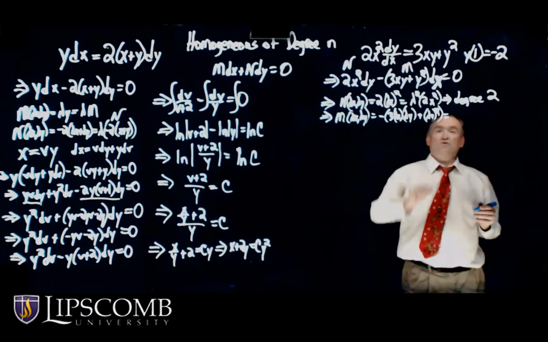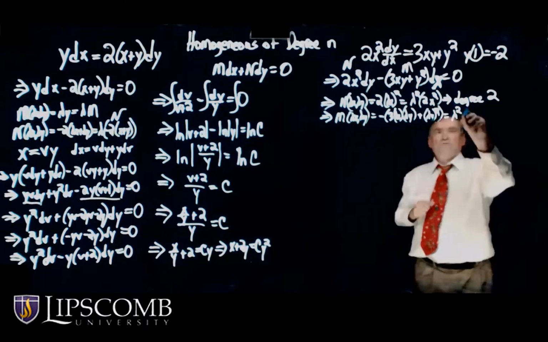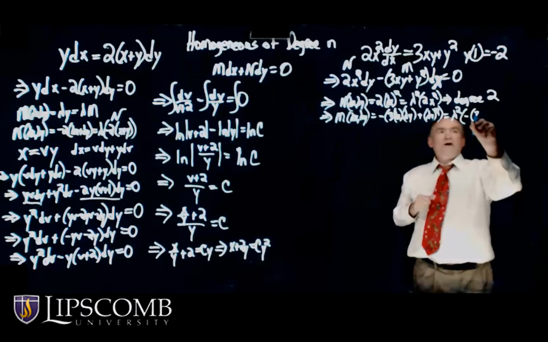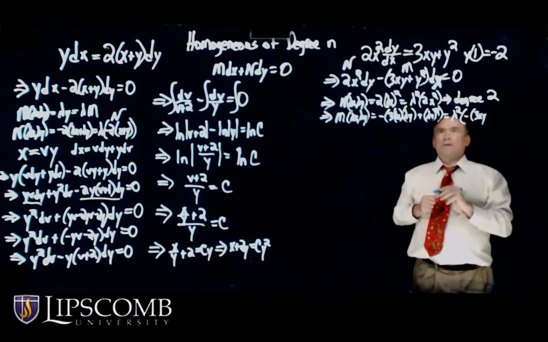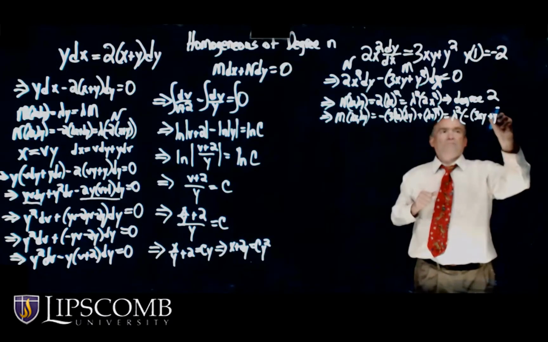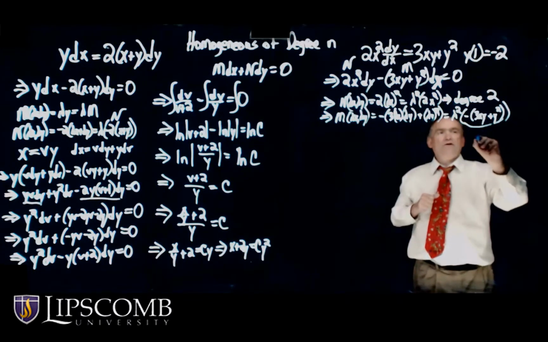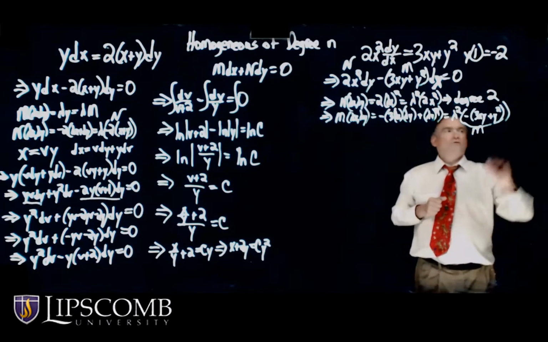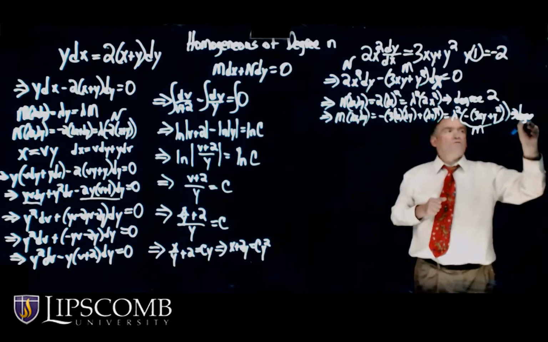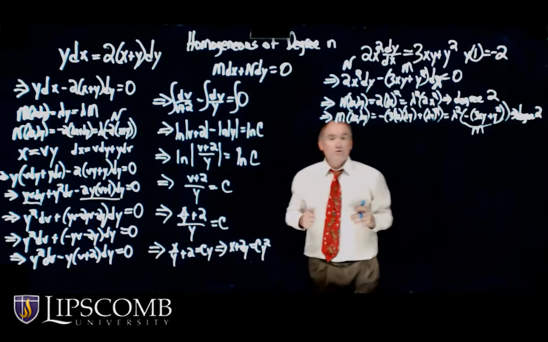I've got a lambda squared here, so I can factor out a lambda squared. What's left? Well, I've got a negative times (3xy plus this y squared). Well, look at that. This inside here is M. So this implies degree 2. So both of them are homogeneous of degree 2.